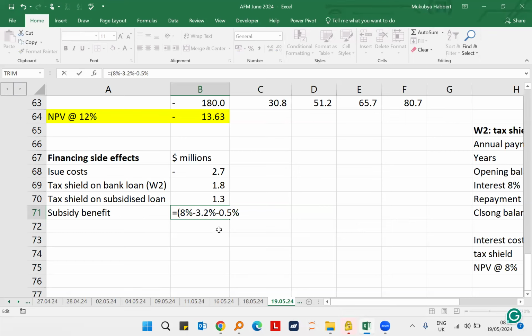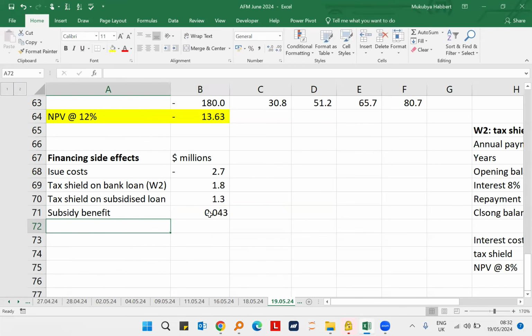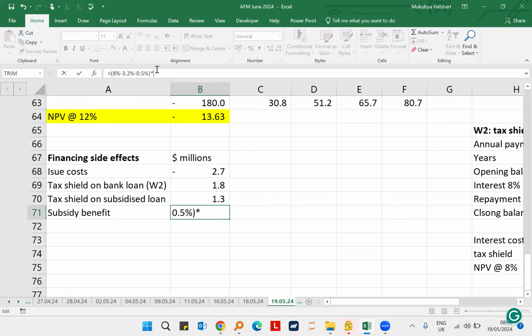I can put this one. So this together gives you the benefit before tax. So we are saving 4.3% by taking this loan. But it's on 70 million. And remember, there's a tax shield of 20%, so you subtract 1 minus 20%. So this is what you would get.